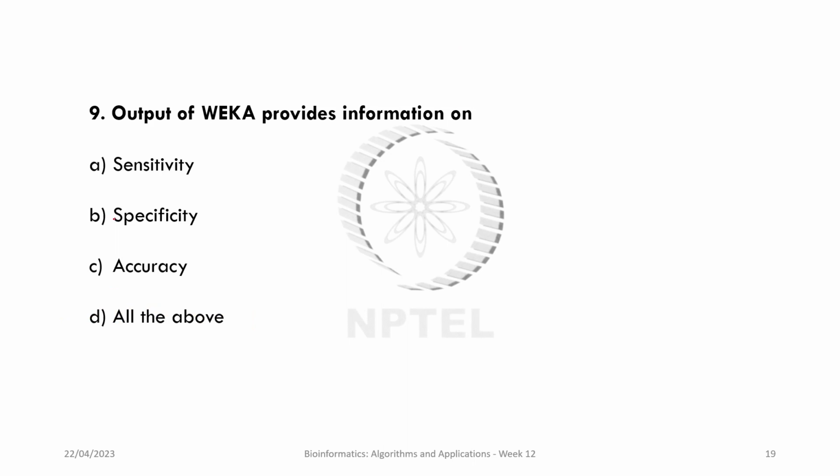Question 9. Output of Weka provides information on A. Sensitivity, B. Specificity, C. Accuracy, and D. All of the above. Thank you, Purnima.